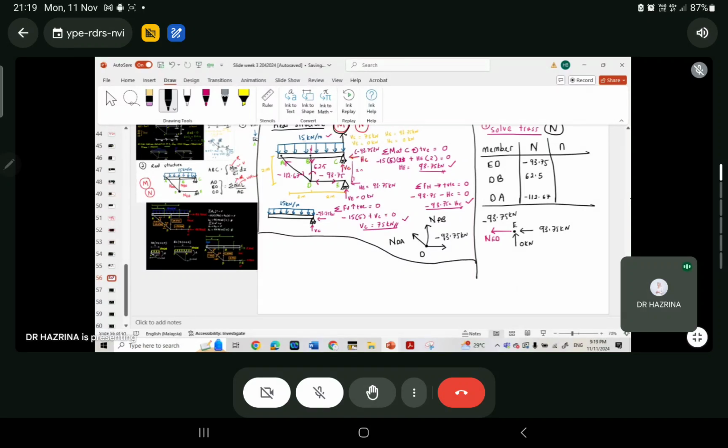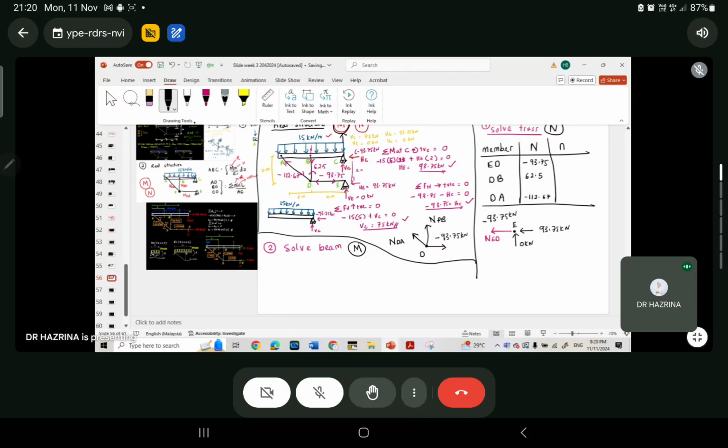Okay, so now yang kedua, solve for beam. Where for your beam, you need to determine your capital M. Okay, macam mana nak kira sebab dia adalah hybrid structure. Okay, tengok betul-betul.